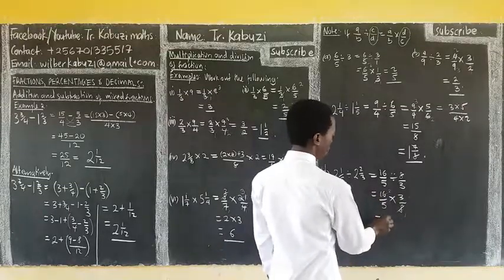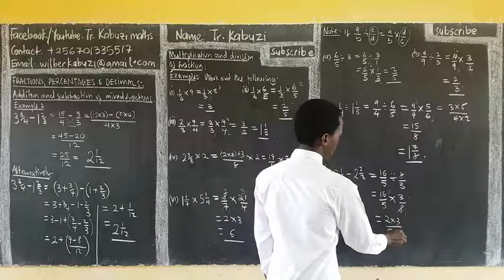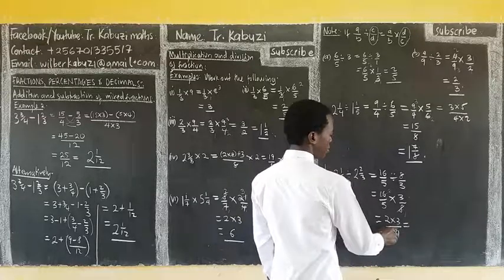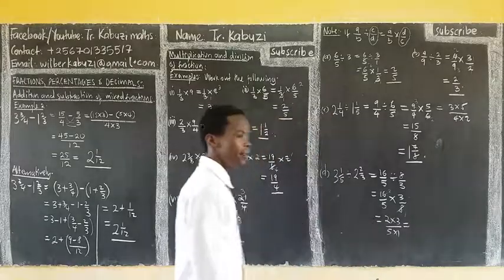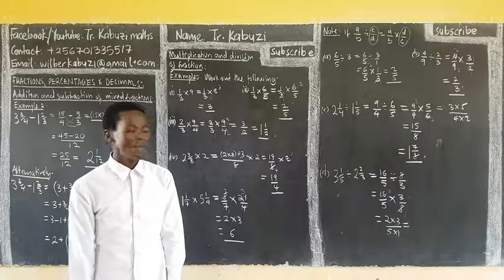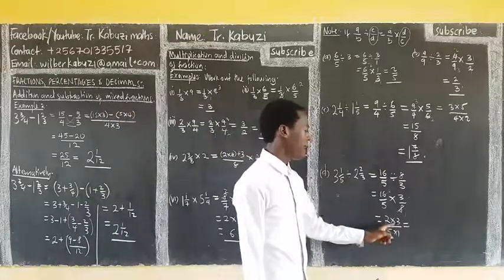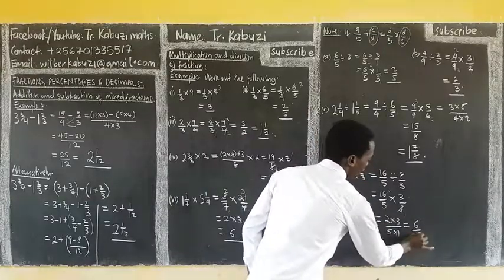We have now 2 times 3, the whole over 5 times 1. By the way, those are common mistakes from mathematicians when the brain is working at a very high rate. Anyway, you have to be careful. 2 times 3, we get 6 over 5 times 1, 5.